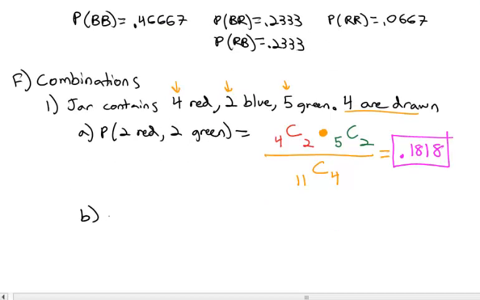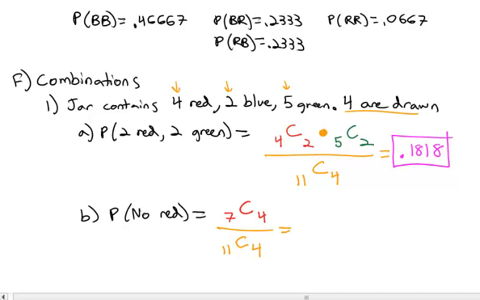How about this problem? Let's find the probability that I get no reds. No reds. That means we're looking at the 2 blues and the 5 greens. There's a total of 7 marbles to choose from. And again, we are drawing 4 of them. Just looking at the non-reds for our numerator. Our denominator, still we look at everything, all 11 marbles, and we're still choosing 4.